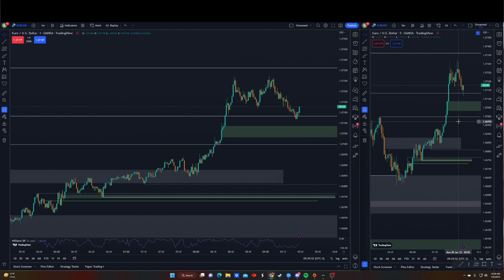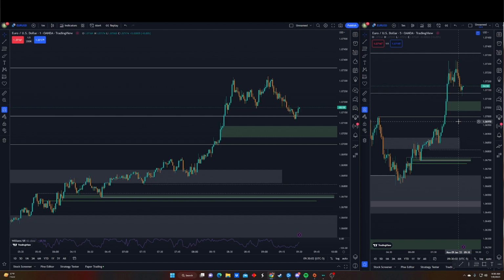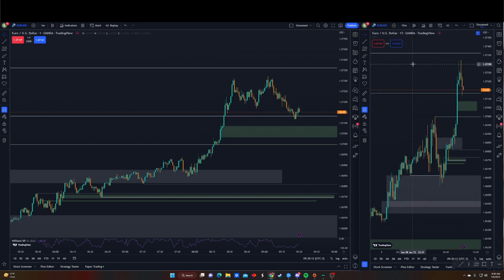It hit those buy stops, and it looks like it's turning here. $9.30. Let's see what the 15-minute looks like on Euro. We're probably not going to get that 5-minute fair value gap, which is totally fine.